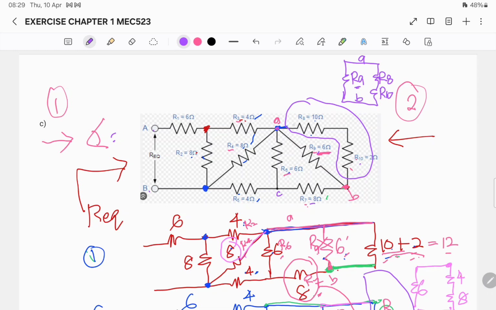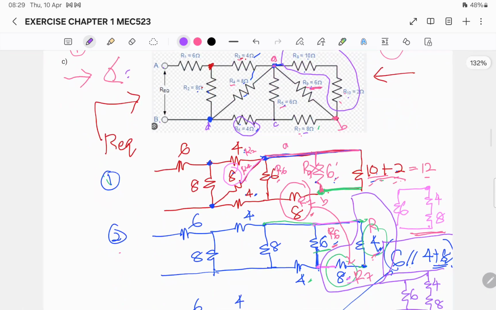Then from point C to point B we have R7, and from point C to point D at the front we have R5. Okay, and we do it one by one.